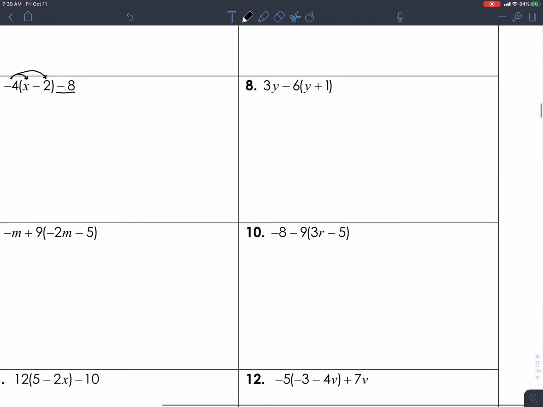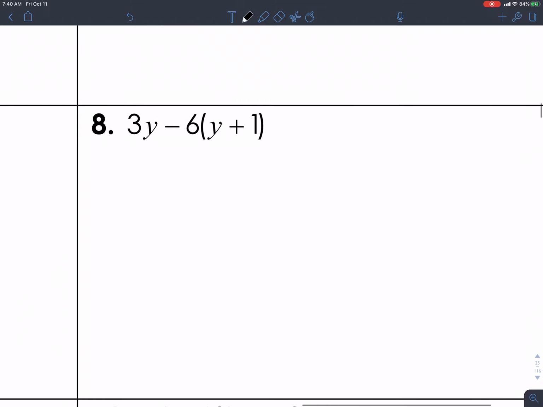I'm going to look at number 8. So number 8, I've got a 3y out front. Does it have a sign? No, let's put a sign. It's a positive. If there's no negative sign, it's not negative. We got this negative 6, we've got this positive 1y, and we got a positive 1. Okay, so we are going to just bring down the positive 3y because there's nothing I can do with that yet.